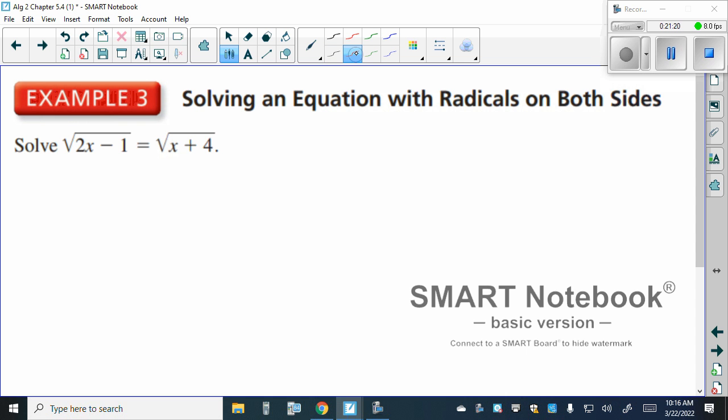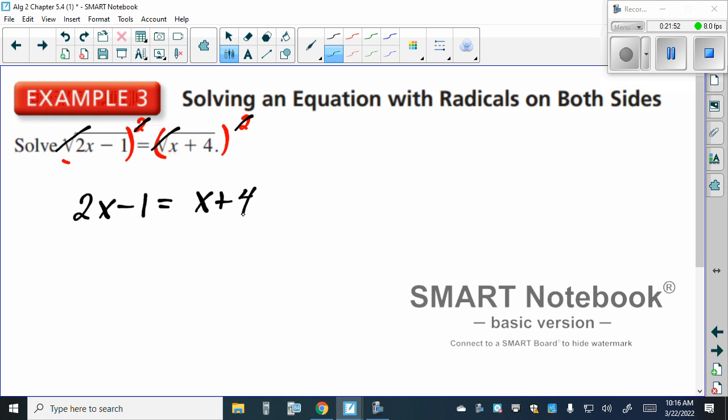Well, okay, let's go on and put both sides to the nth power. So here we're going to put both sides to the second power. Well, square root and square will cancel each other out, leaving us 2x minus 1 is equal to, well, these will. Solve.